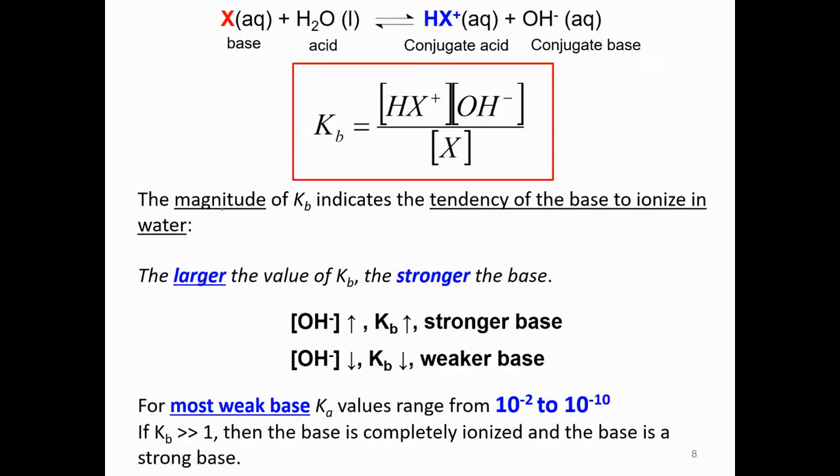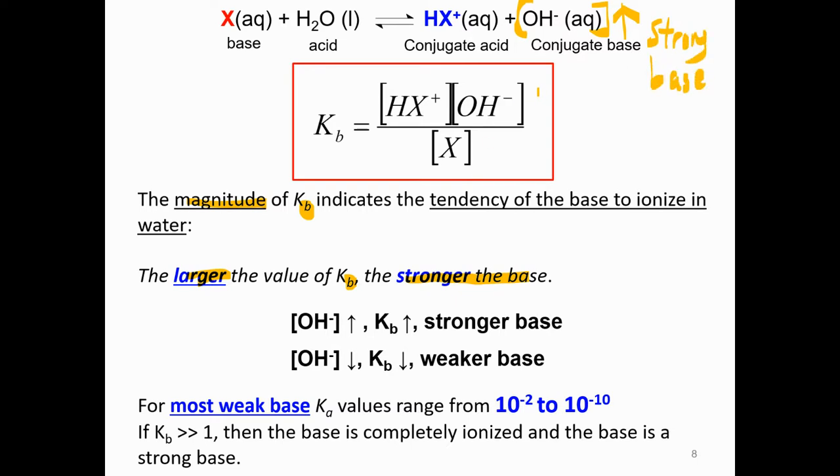Now, let's look at what the magnitude means for Kb. If Kb is larger, it means that it is a stronger base. So if we want to know whether it's a strong base or not, we look at the concentration of OH minus. If hydroxide ion concentration is higher, it will be a strong base.